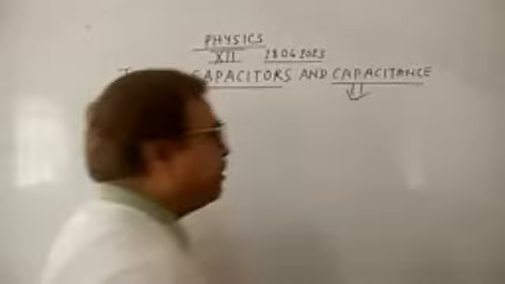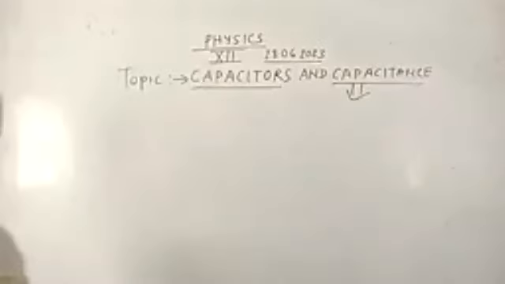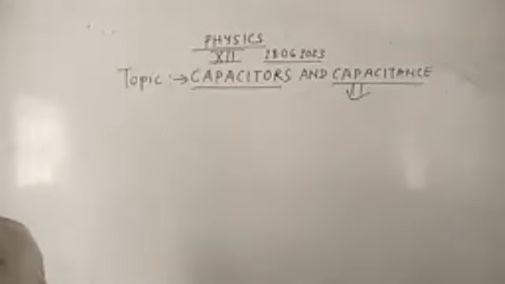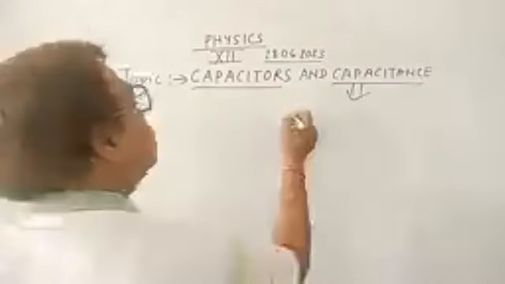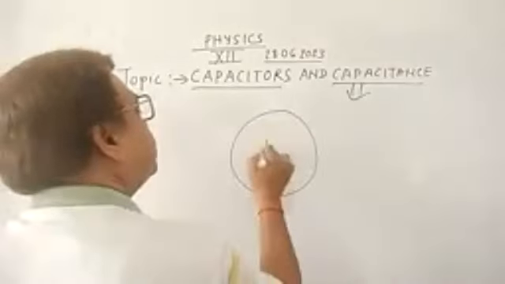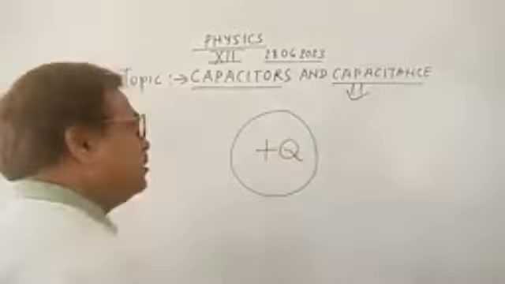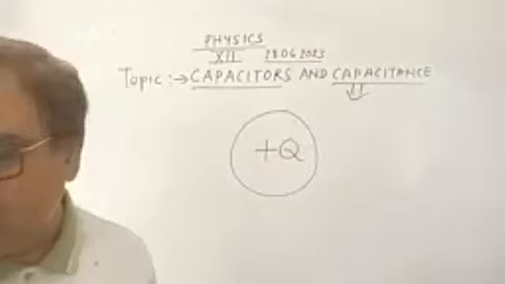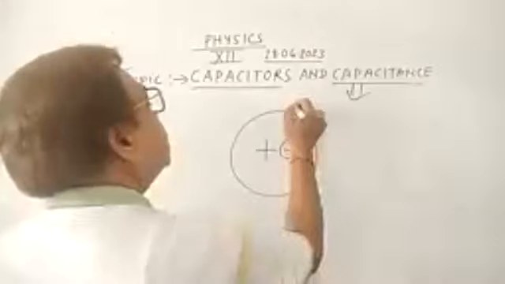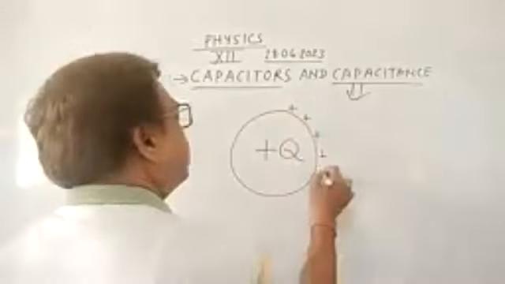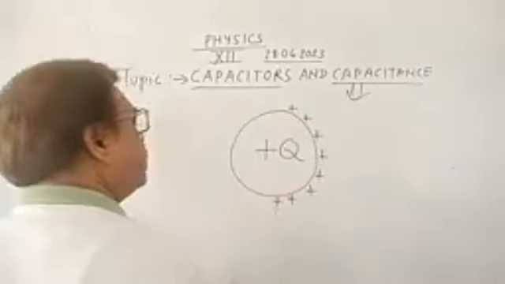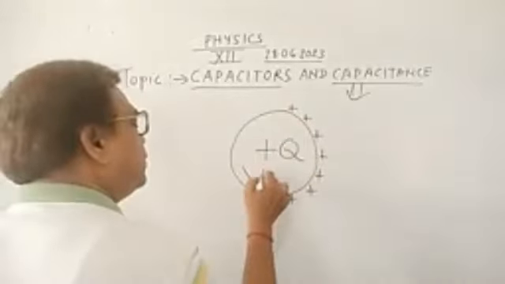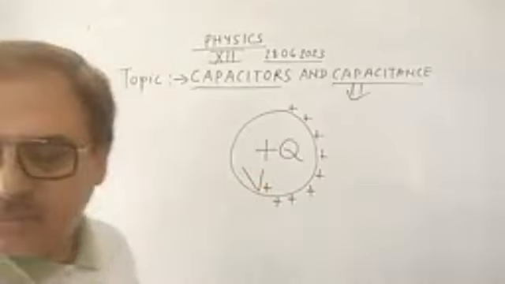To understand capacitance, we know that the capacitor consists of two conductors. Just think of any conductor here. The total charge is here. Positive charges are given to the surface of the conductor, and the potential of this conductor is V positive.